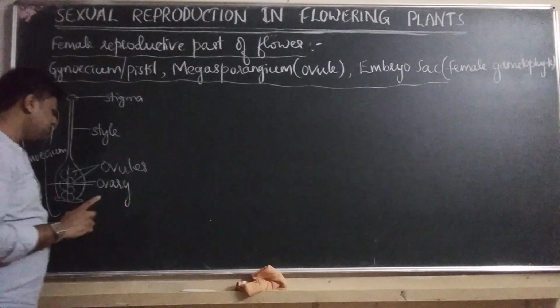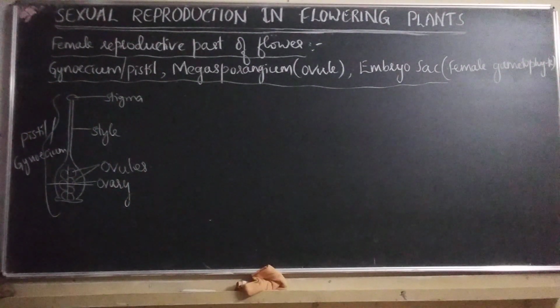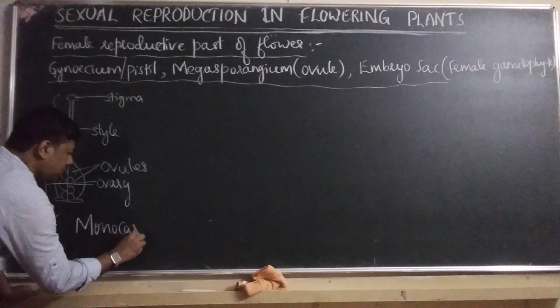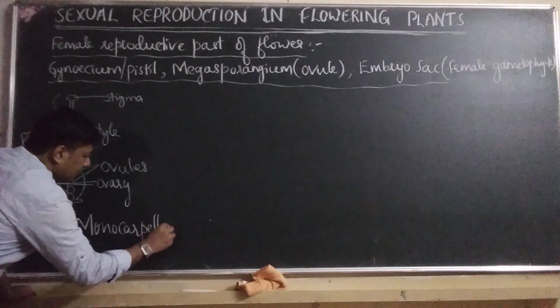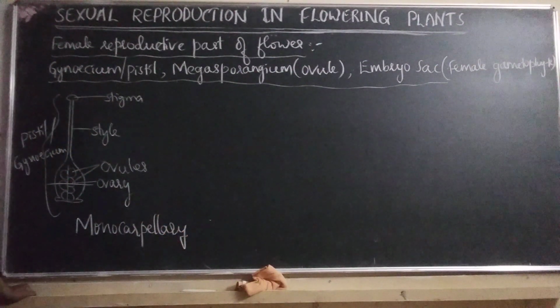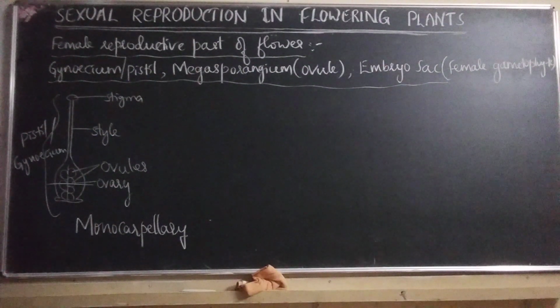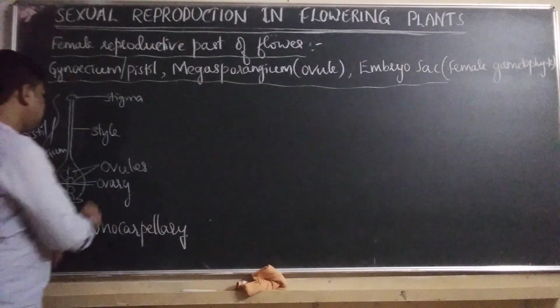Only a single gynoecium is there in hibiscus. So it is called monocarpellary gynoecium.